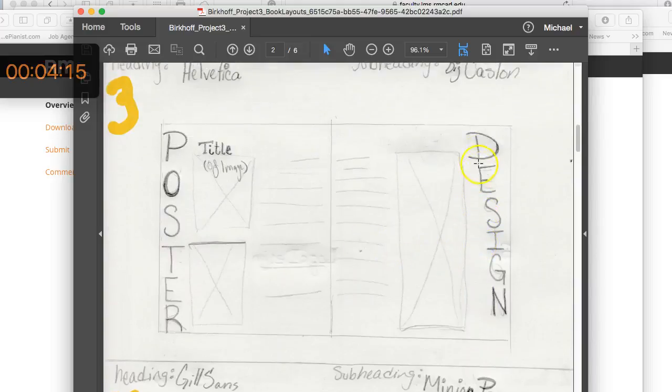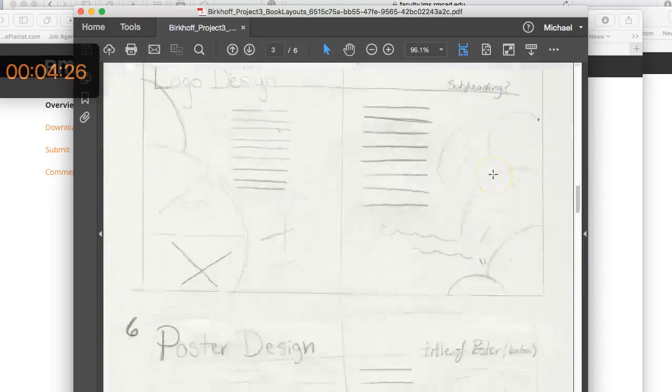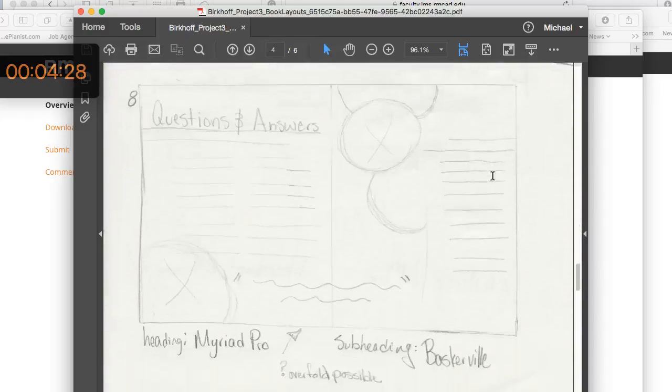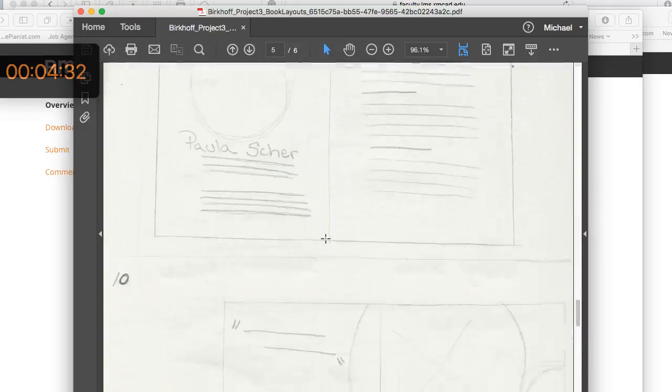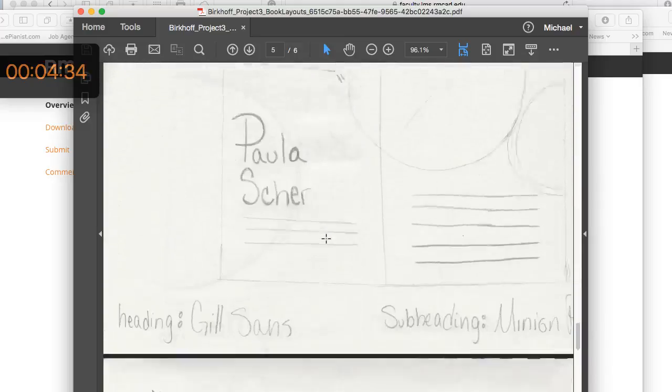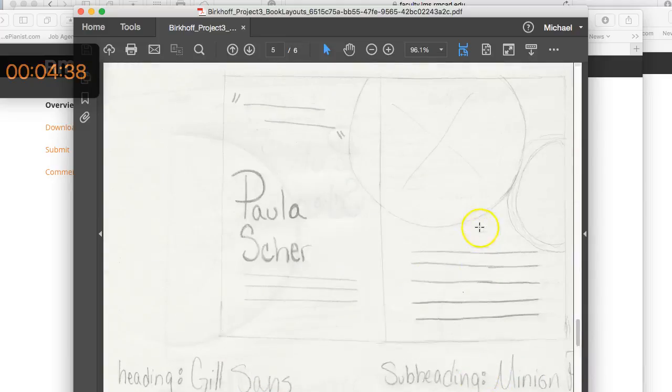If you want to stack type, just set it on the baseline and then rotate it on its axis. You rarely want to stack type, if ever. Other than that, I think you're showing good usage of your intent to use serif or sans serif, and of course you've also labeled it.